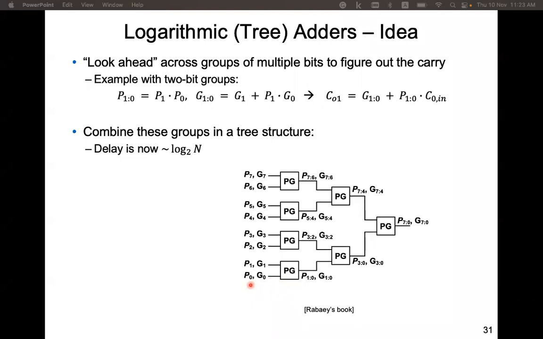First we generate the P and G signals for all the bits. This is easy without needing to wait for the carry in. P and G for all bits are generated very quickly. And then for bit 1 and 0, we combine them into a group.